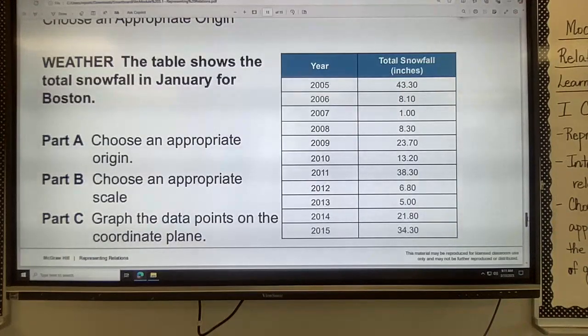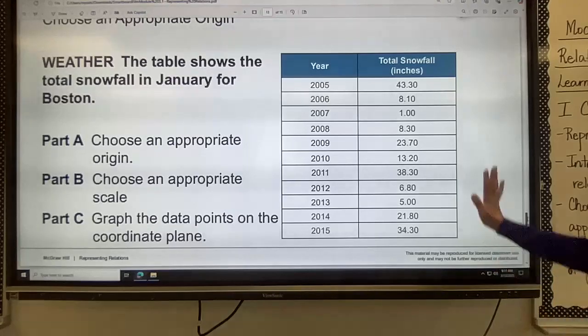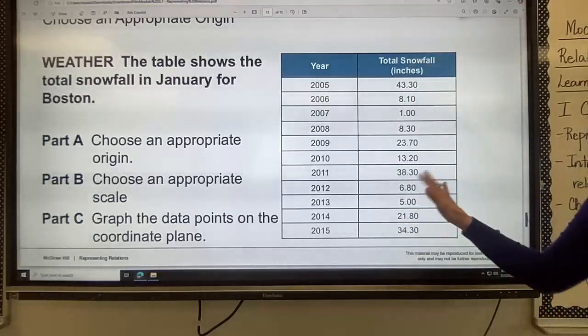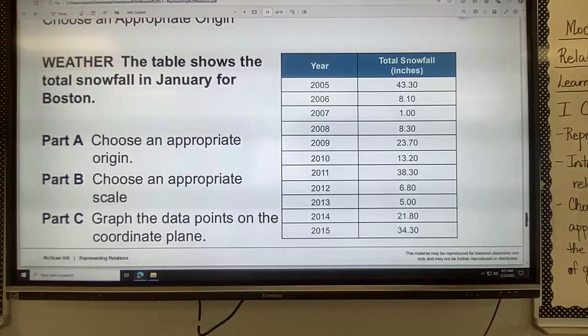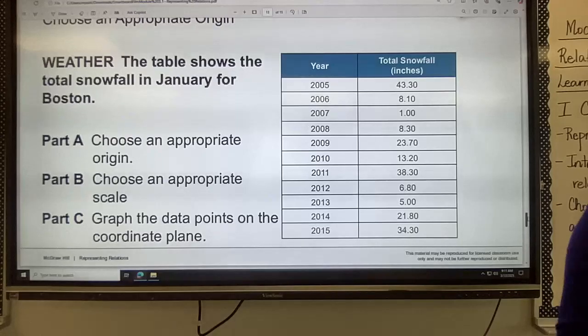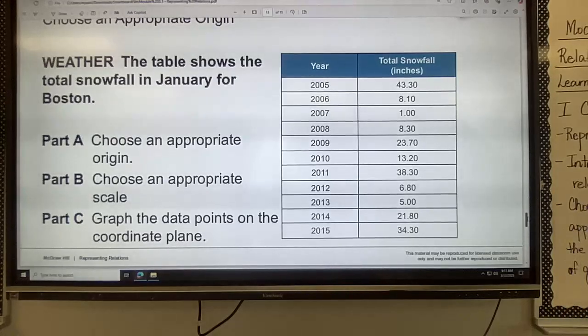And the y-axis is going to represent the total snowfall in inches. Okay. And then the origin, the ordered pair 0, 0, represents the year 2005 and 0 inches of snow. Okay, so we're going to choose an appropriate scale.